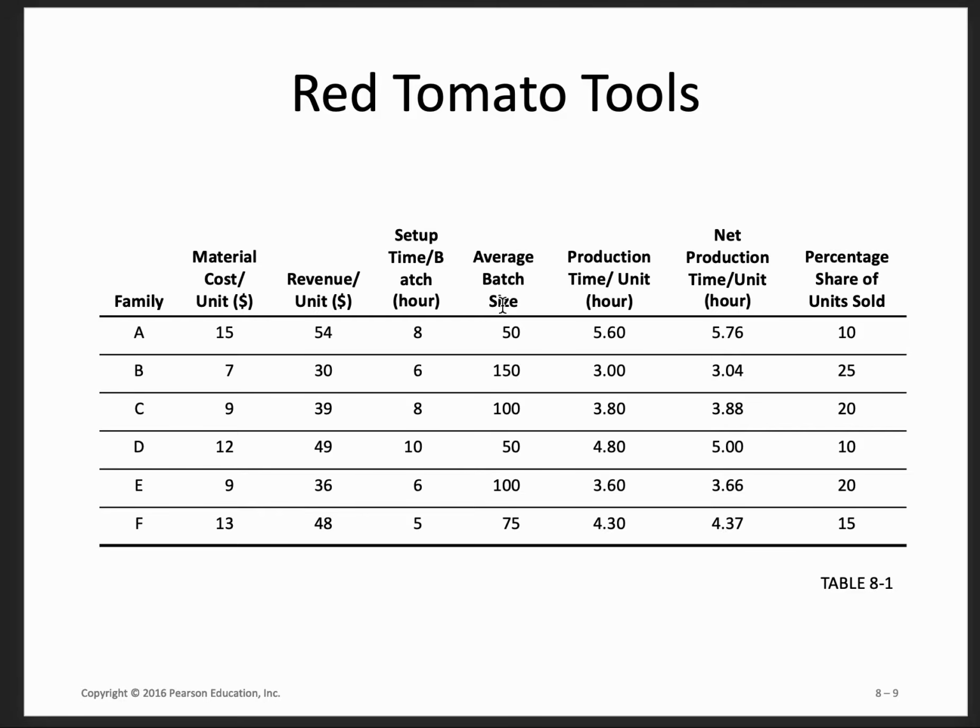So if you have to manufacture 256 units and the average batch size is 50, then we'll actually be making slightly larger than that.